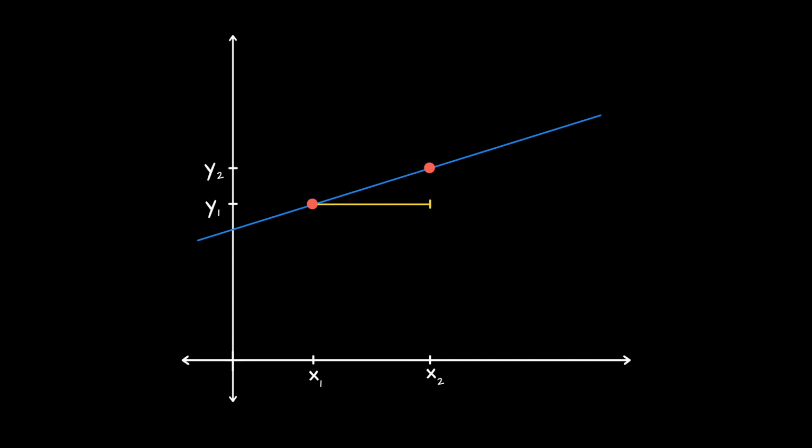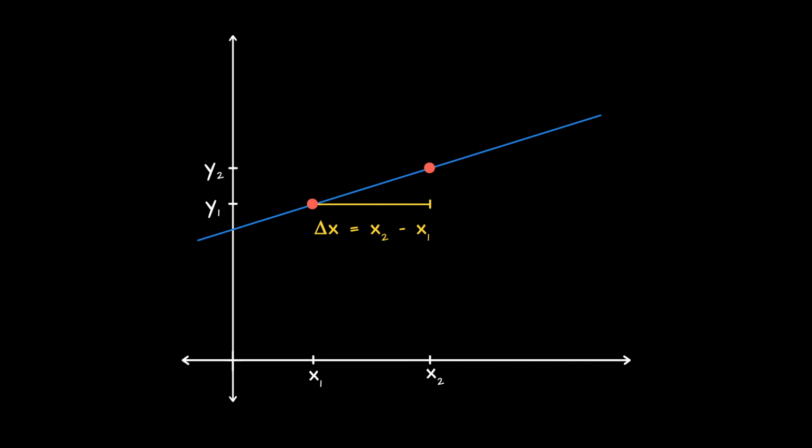Now we can ask the question, as we move between the 2 red points on our graph, what distance do we cover in the x direction? That is to say, what is the length of the yellow line segment shown on the screen? And the answer, of course, is x2 minus x1, which we often denote by delta x, where that triangle is the Greek capital letter delta.